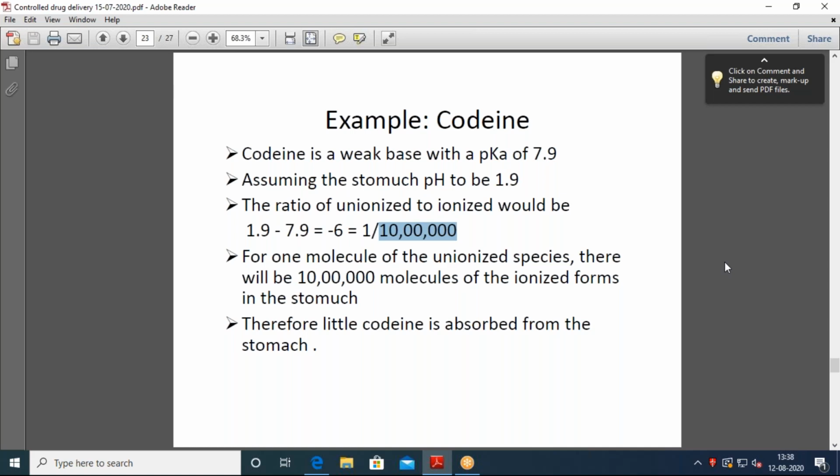So for every one unionized molecule, there are 10 lakh ionized molecules of codeine.